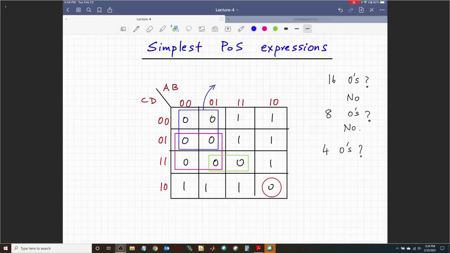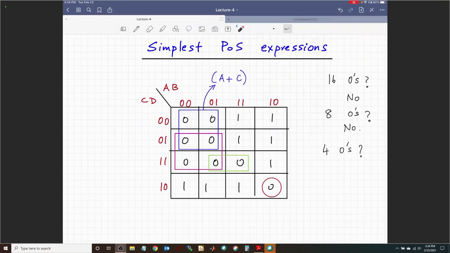Think about this. A is a 0 and C is a 0. B is changing, gets eliminated. D is changing, gets eliminated. So A is 0, C is 0. So you would say A or C.